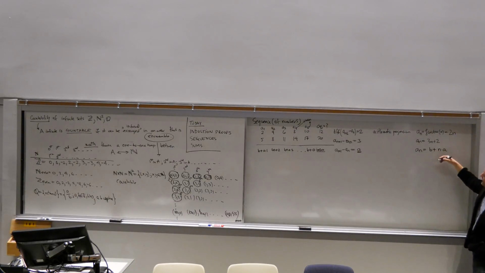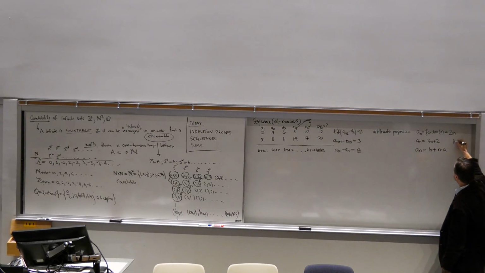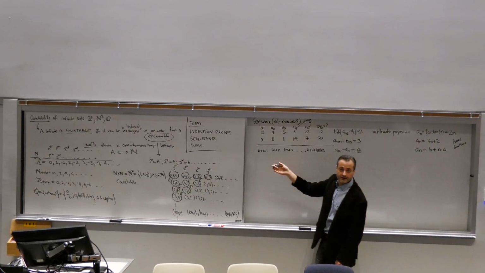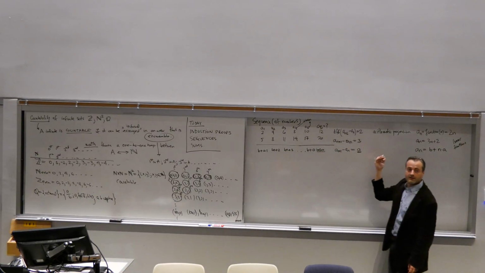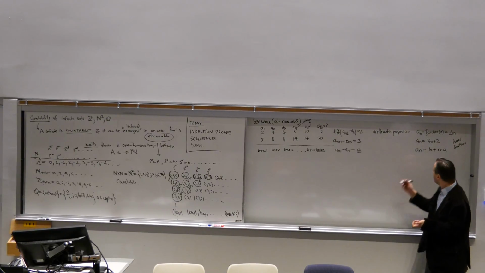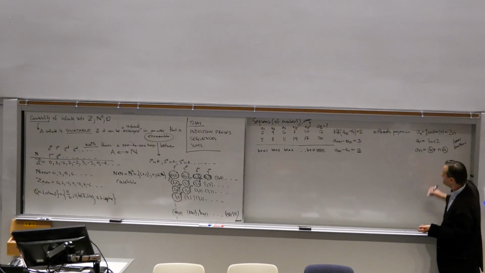Those are, of course, very simple linear functions. It's easy to see that a linear function corresponds to an arithmetic progression, and an arithmetic progression will always correspond to a linear function. So to find the generative function, I need to find a and b.